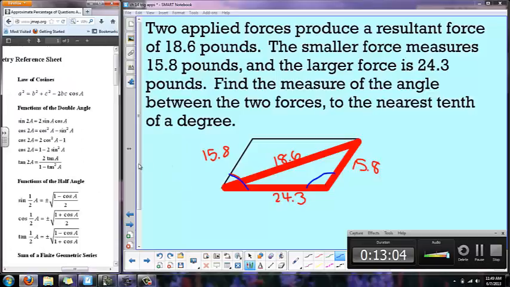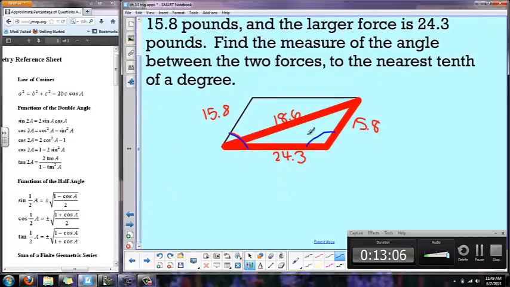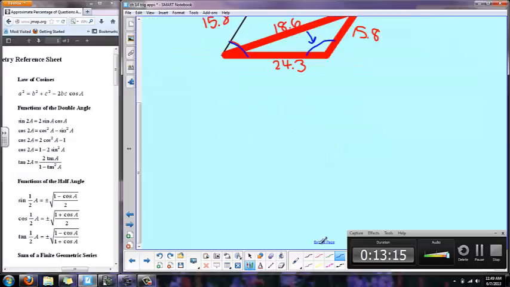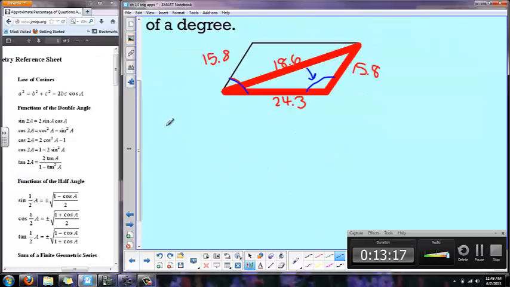So this time, we are looking for this angle, so I'm going to use the side that's across from it in my equation first. Remember, that's the hardest part about that, is remembering to write that side first.